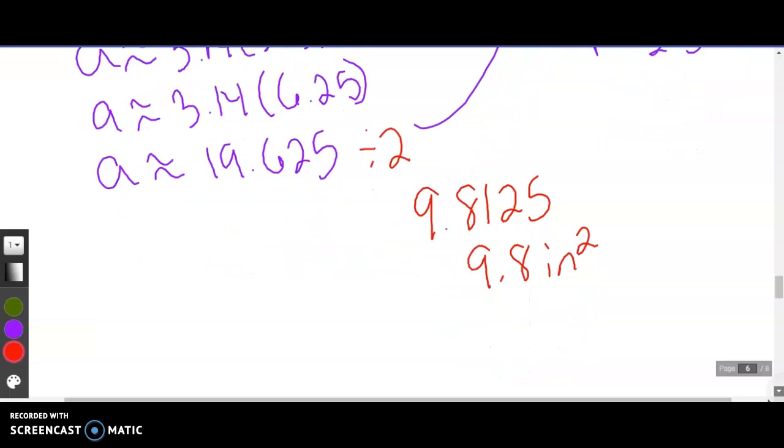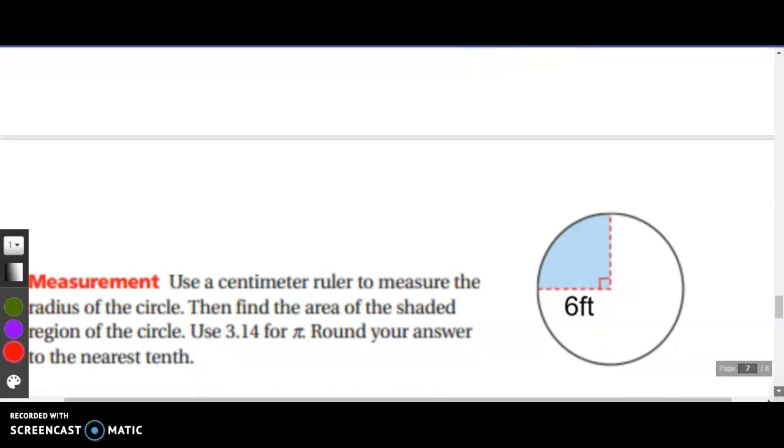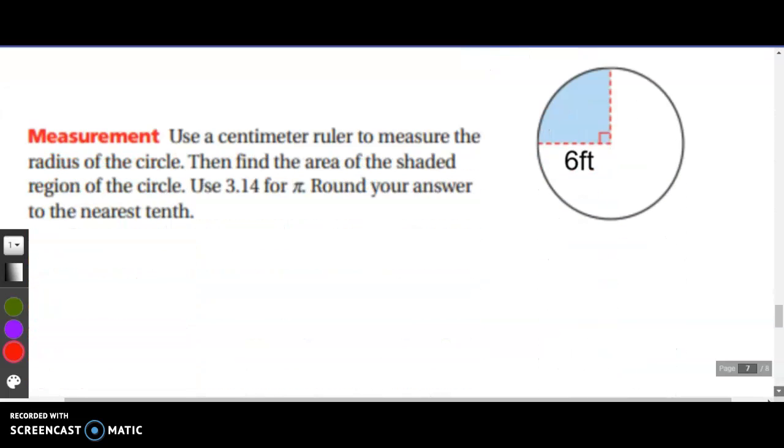And then finally, the last problem here is they want us to find the area of just this shaded region, which is 1/4 of a full circle. So what I'm going to do is I'm going to find the area of the full circle, and then I'm going to divide by 4, and that will tell me the 1/4 of a circle. So I go ahead, this is the radius, so area equals pi times 6 squared.